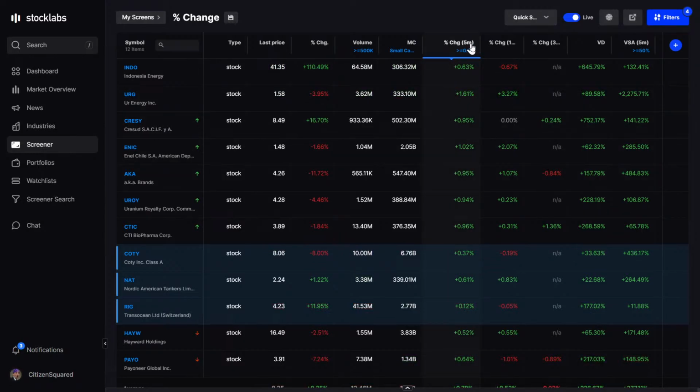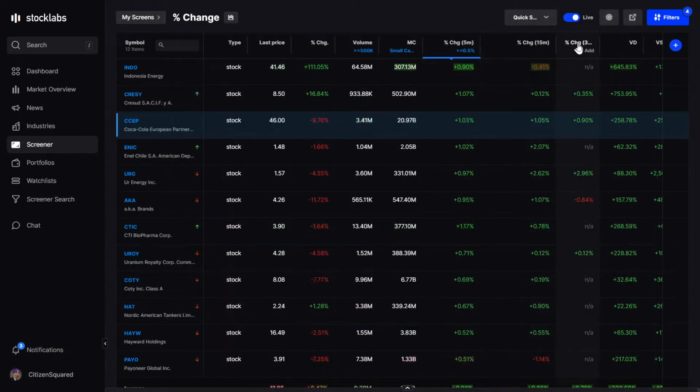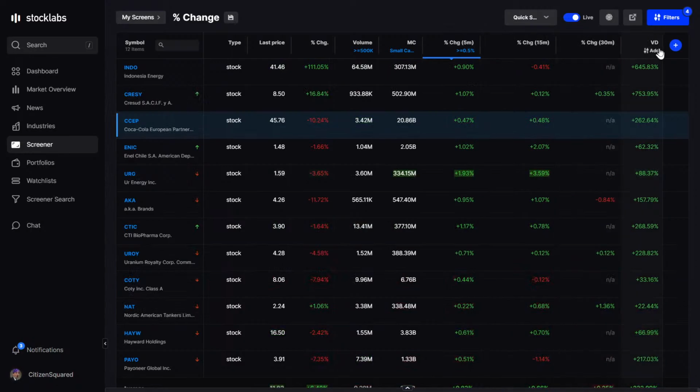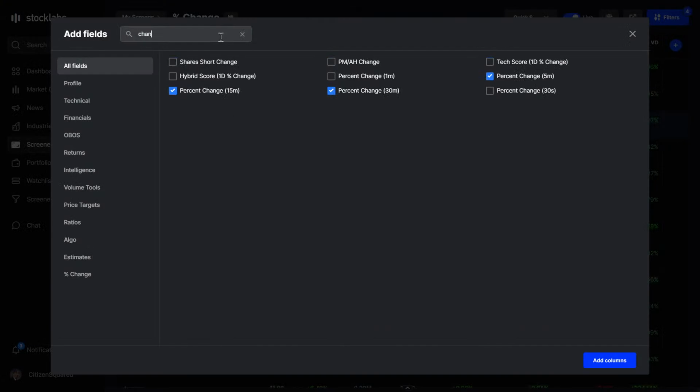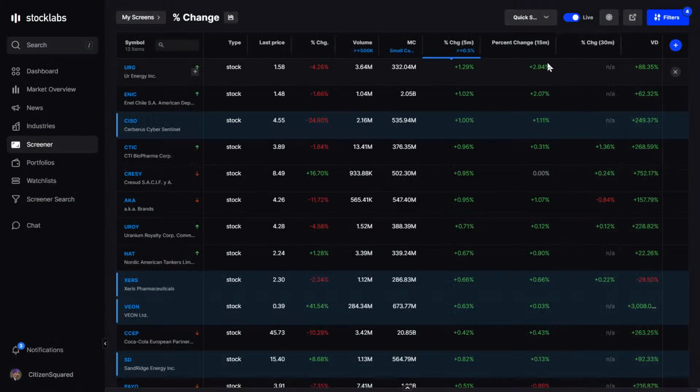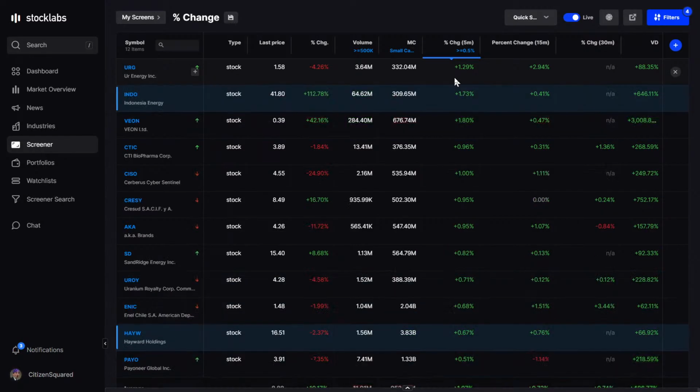We have this on 15-minute, 30-minute, and actually I forget if we did 1 minute for this, but yeah, so we have down to the 1 minute performance changes. So this will help you zero in on spikes more or less quicker than anybody else will be able to find.